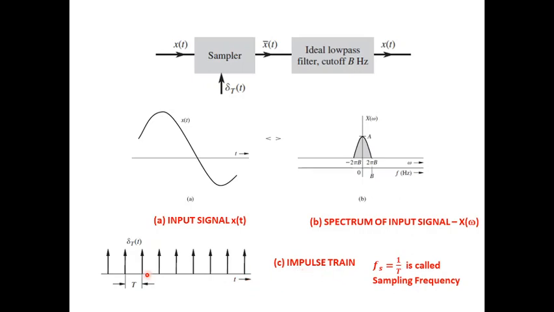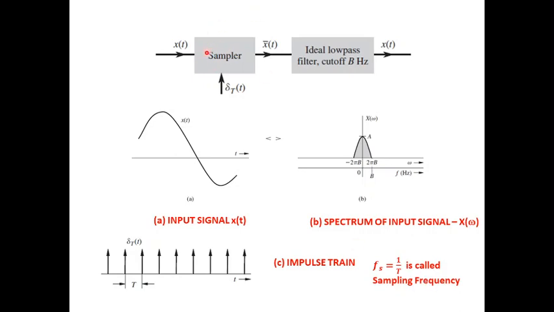You can observe that all these impulses are equally spaced by a time interval called T. This time T is called the sampling time interval, and the corresponding frequency fs, equal to 1 by T, is called the sampling frequency.